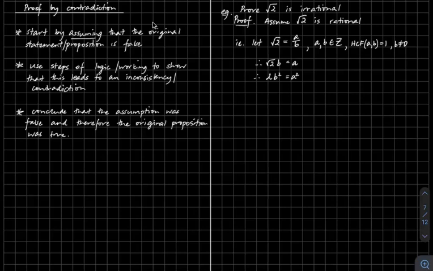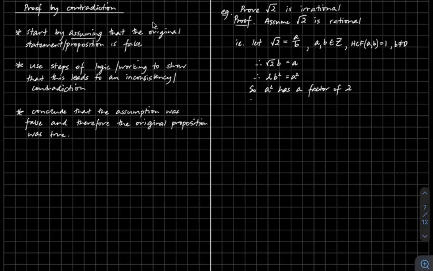What that's saying is that a squared can be written as 2 times some number, so a squared has a factor of 2. Another way of describing that is to say that a squared is even.